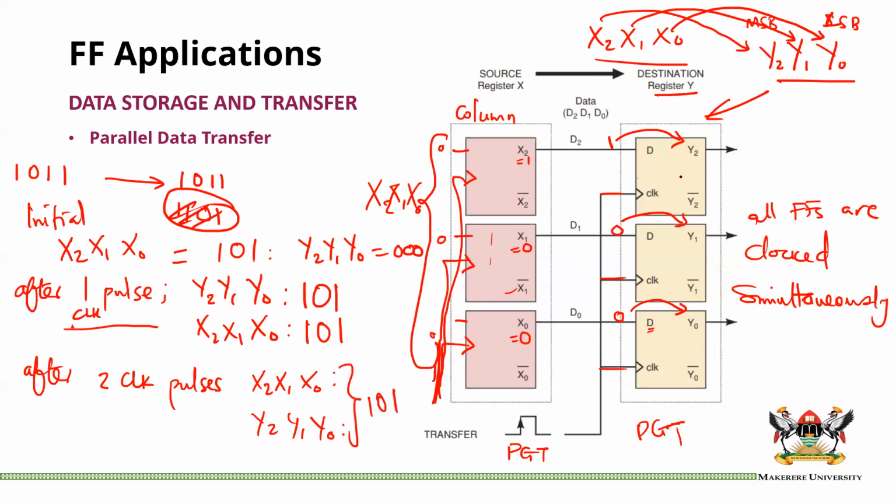Because the same information is still at x2, x1, x0, so the same information will be transferred to y2, y1, y0. The previous information, which was also 101, will be pushed out. Actually, the first copy after pulse 1 has been pushed out. It has just been replaced by a new copy of the same because x2, x1, x0 has not changed. Is that very clear to you? I hope that it is very clear. And we can move on.